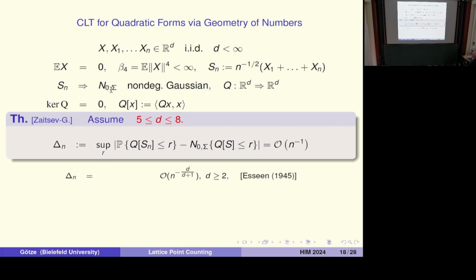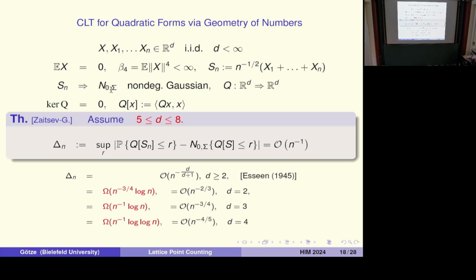So if we recall classical bounds on this question here, we're going way back to Esseen 1945 with the rate d over d plus 1. And for small dimensions, you can see that the ineffectiveness of our bounds for counting lattice points in balls in low dimension, let's say dimension 2, dimension 3, transfers to the rates in the central limit theorem. So there's a one-to-one correspondence. Omega means lower bound, yeah. So we have lower bounds here.